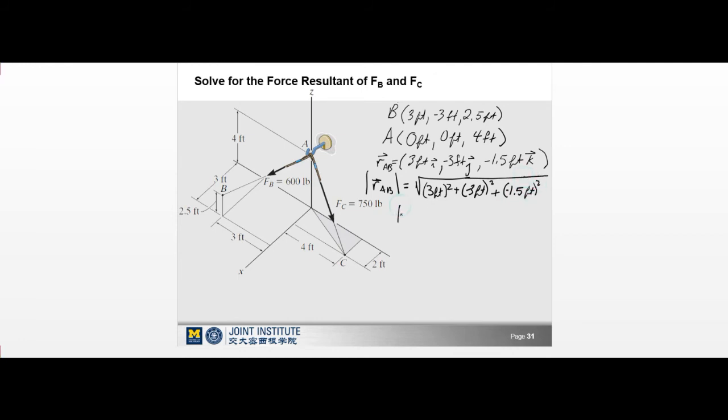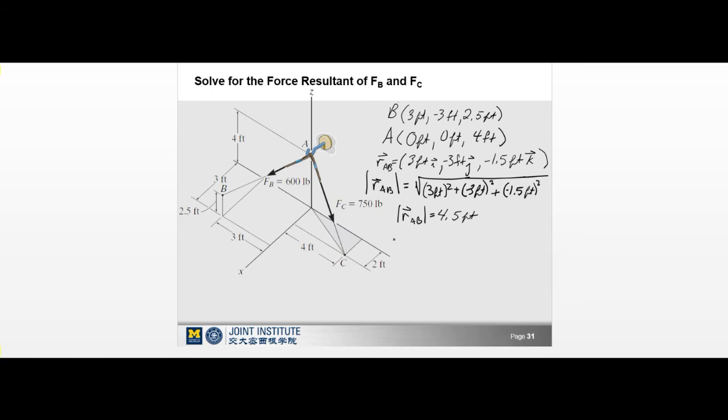So that is going to be equal to 4.5 feet for the magnitude of this RAB. So that's helpful because now we know what the unit vector is. We just have to divide the RAB by the magnitude of RAB. And then we can add all of that together later.